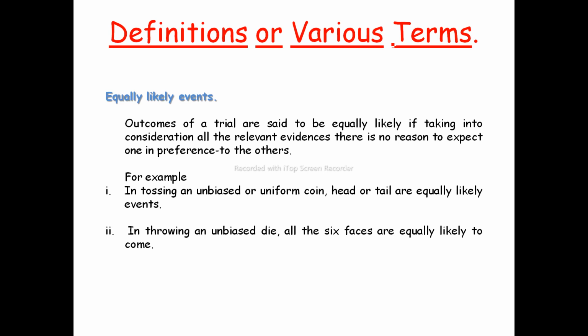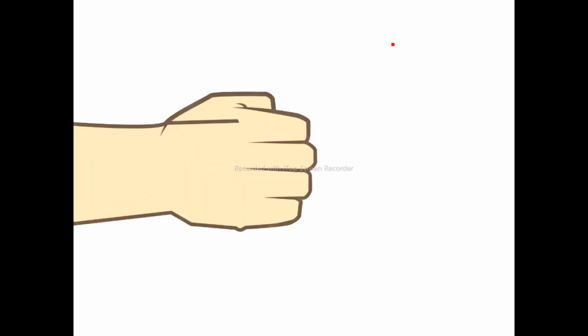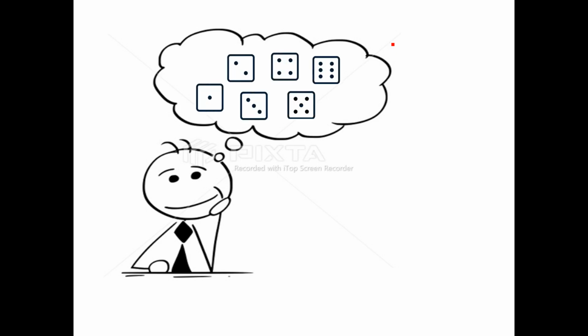All the faces of the die have got equal opportunity to come on the uppermost spot. You are tossing a coin, head can come or tail can come, so both have got equal opportunity. You are throwing a die, so 1, 2, 3, 4, 5, 6, anything can come. All the 6 faces have got equal opportunity to come.